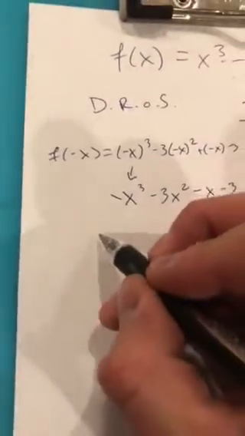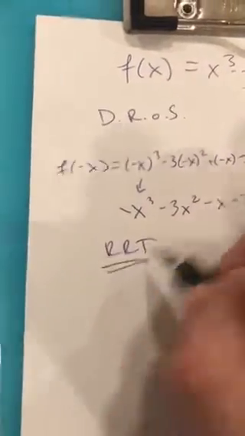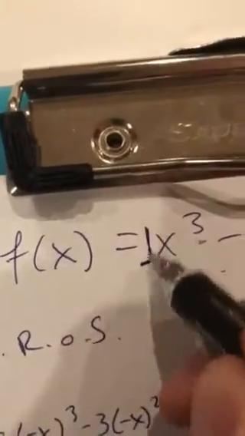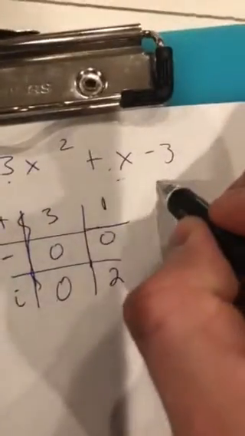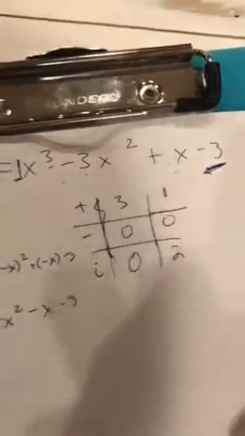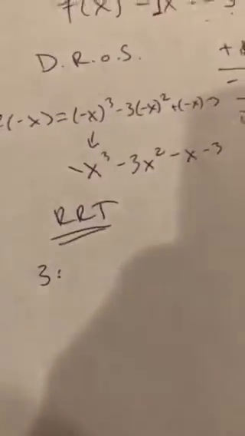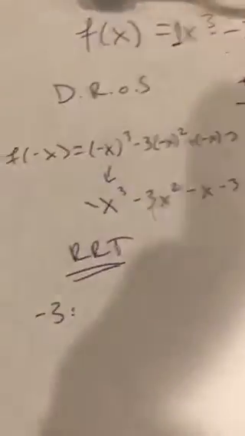So now let's look at the rational root theorem to figure out what our possible rational roots are. To do that, I look at the leading coefficient, which in this case is 1, and I look at the constant, which in this case is negative 3. So the negative doesn't really matter right now, but let's look at all of the factors of 3.